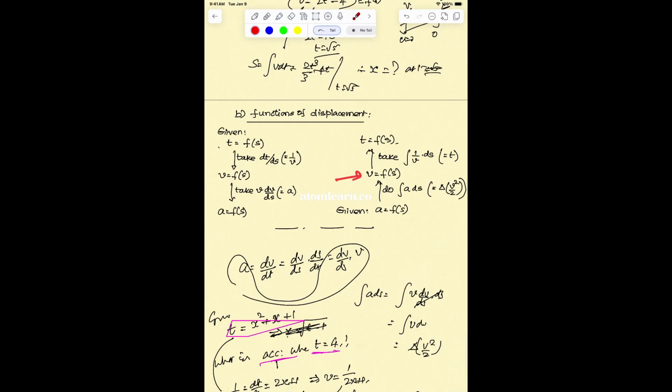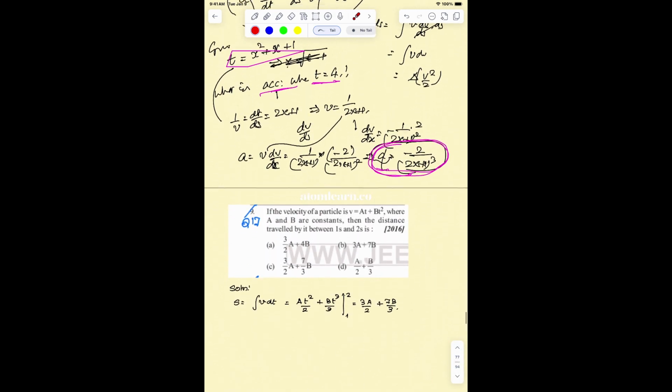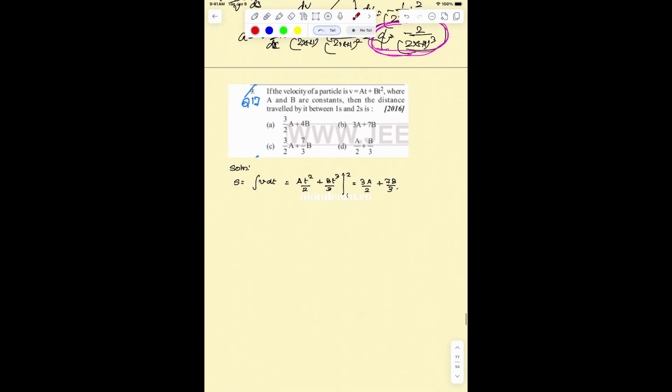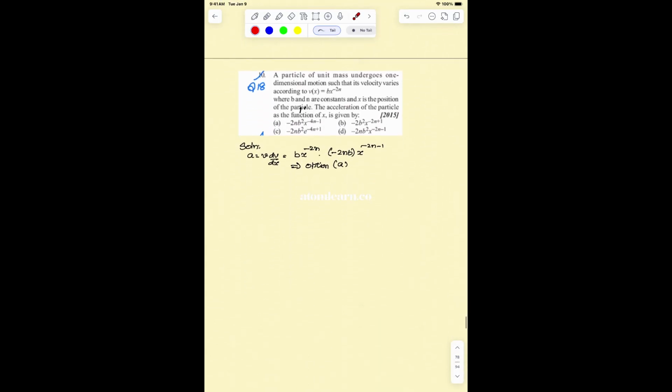Starting with this particular data, velocity as a function of x is given. What they are asking is such that v varies as per this, then what is the acceleration of the particle as a function of x?